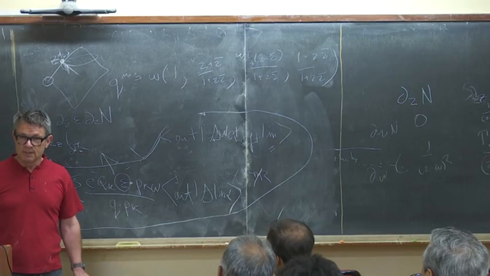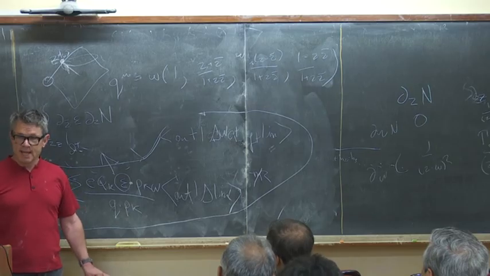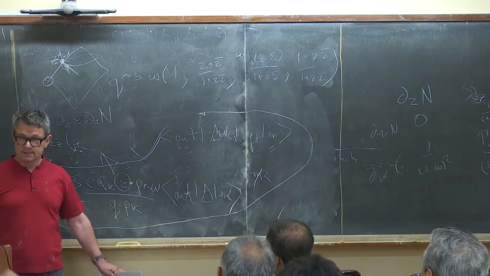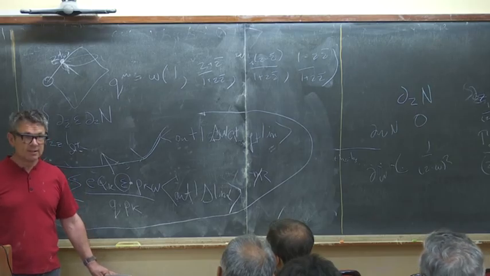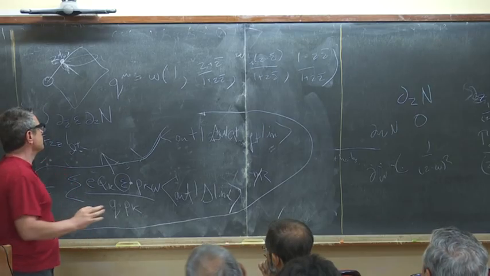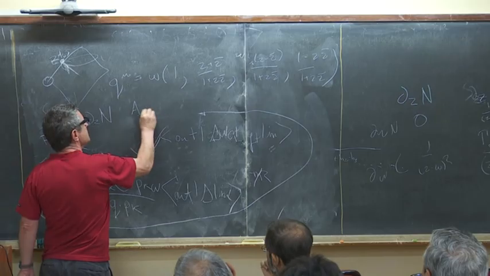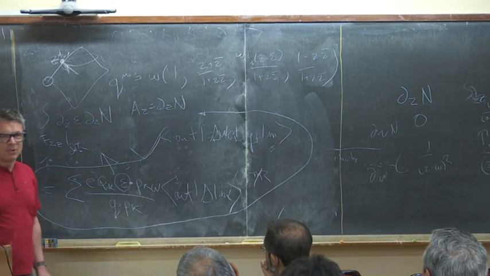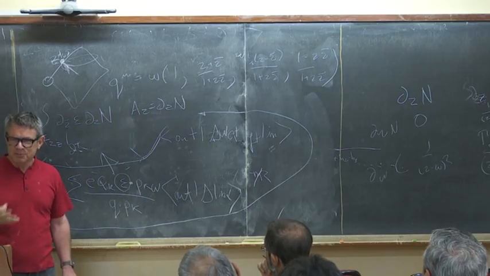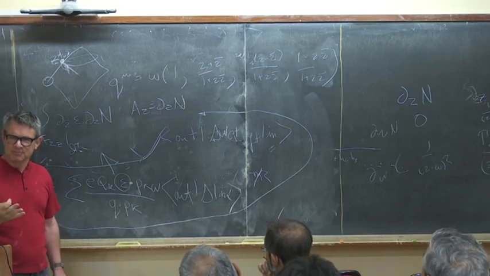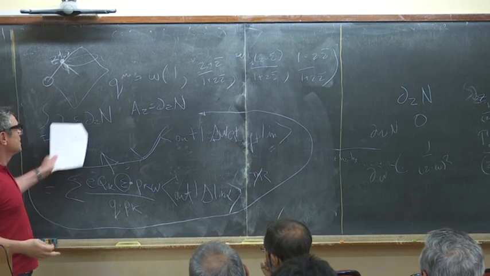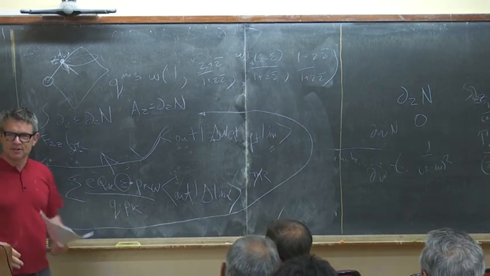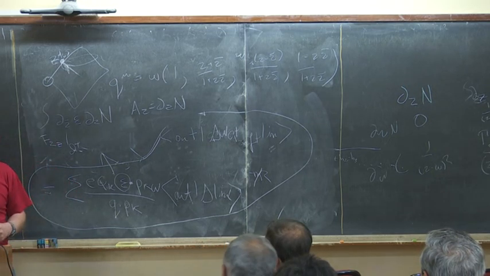Therefore, n had better be real. But if we write A_z equals d_z n, we can always do that, but only if n is real is this pure gauge. So n becomes complex, f z bar becomes non-zero, and there are twice as many degrees of freedom.